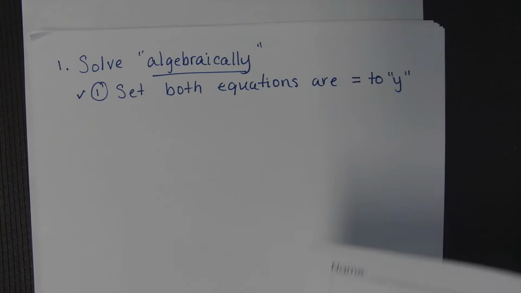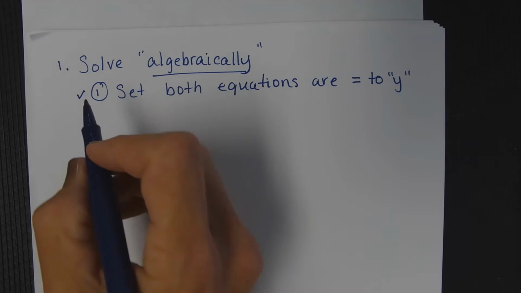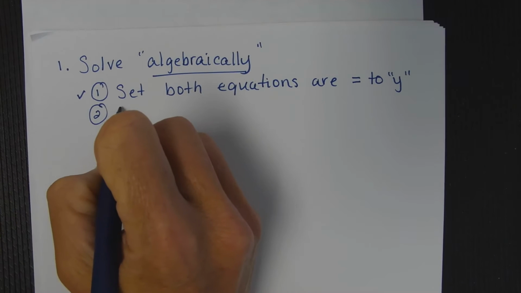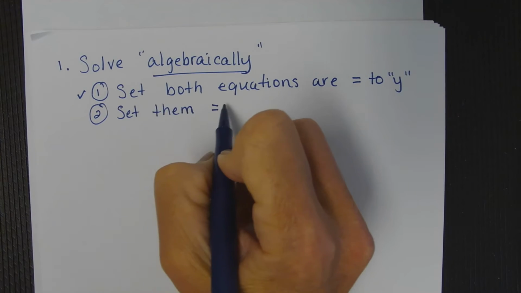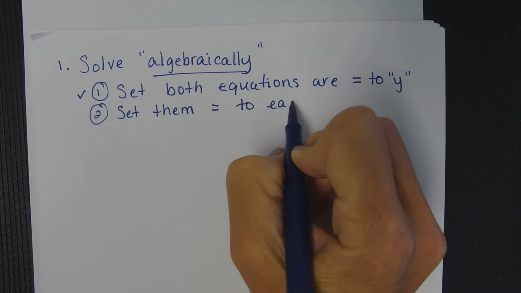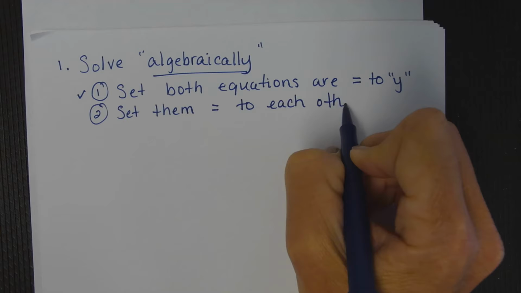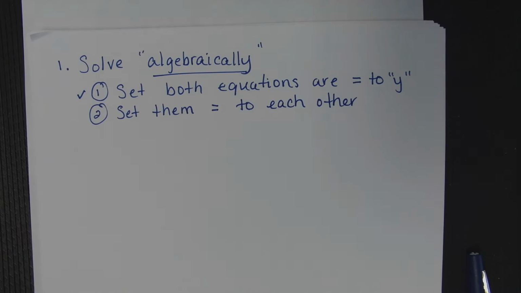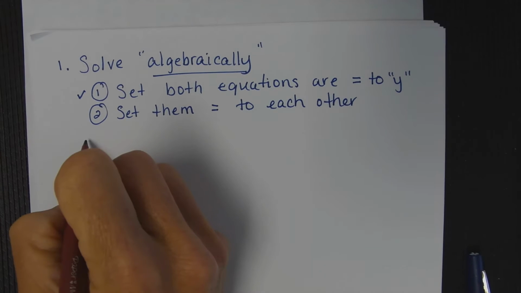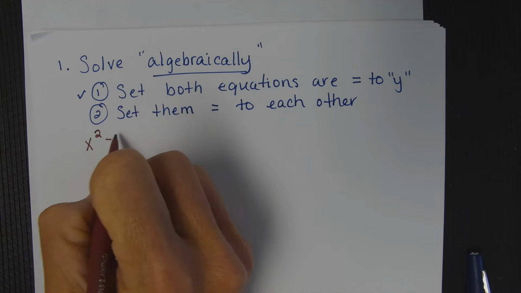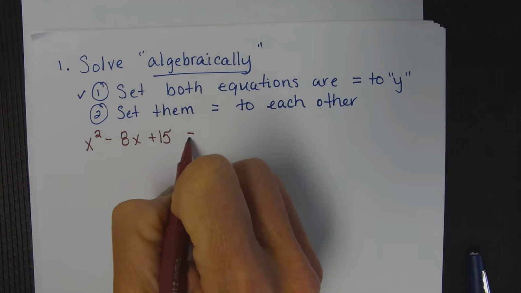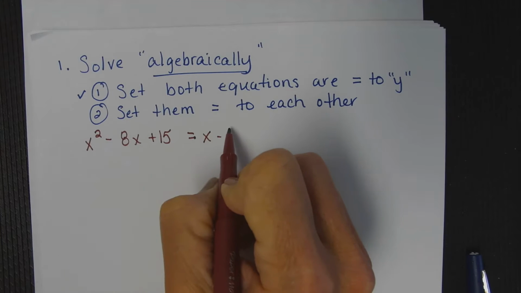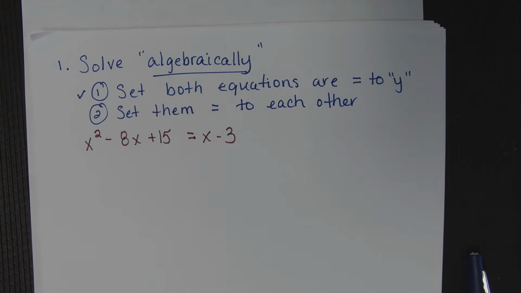Yes? That's the whole goal. Number two, set them equal to each other. What I mean by that is literally, I'm going to have x squared minus 8x plus 15 equals x minus 3.